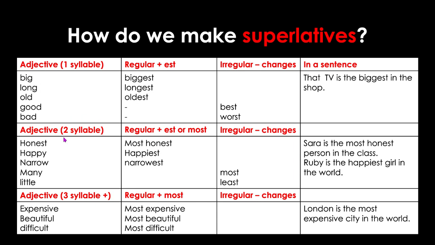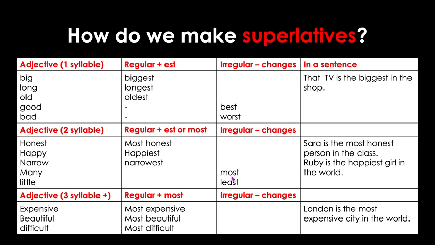Okay, if the adjective has two syllables, honest, happy, then we can add est or most. So most honest, happiest, narrowest. So notice again that when we have a Y on the end, we are changing it to I. And again, we've got irregular adjectives here that are two syllables.